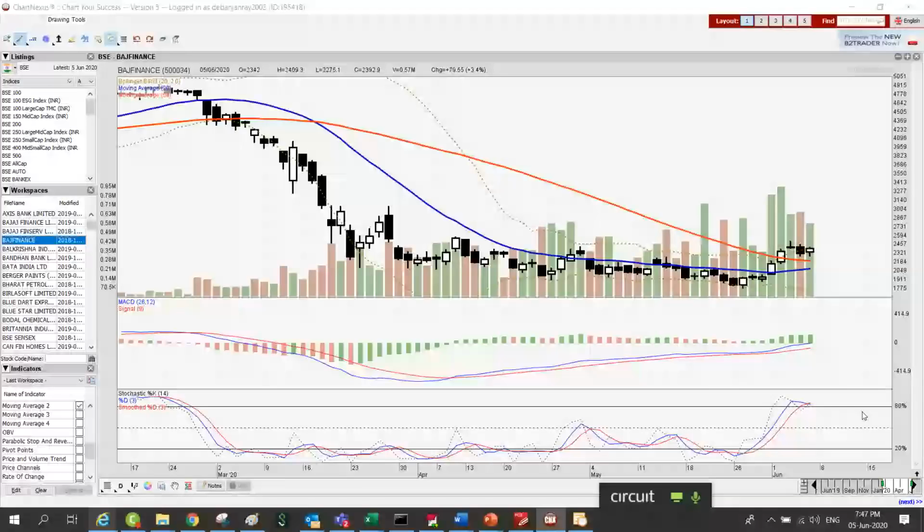See, Ichimoku signal is still... Devanjan, your voice is breaking. I think it is a circuit issue. We are facing it on Teams.